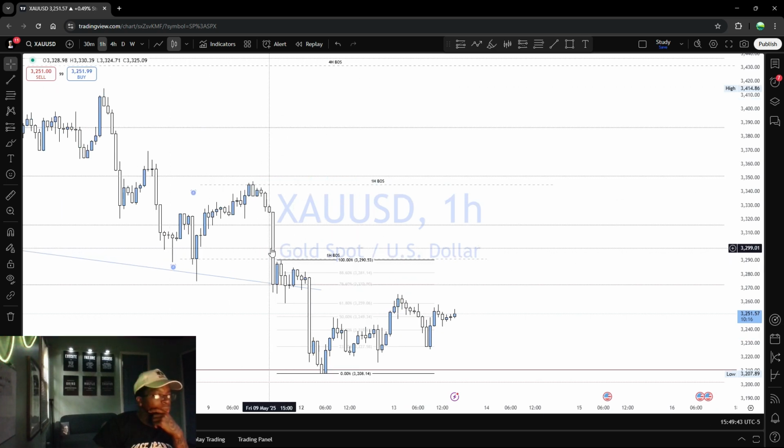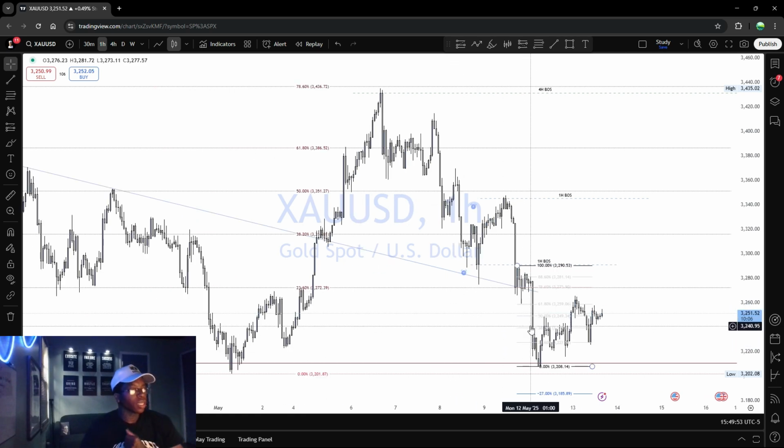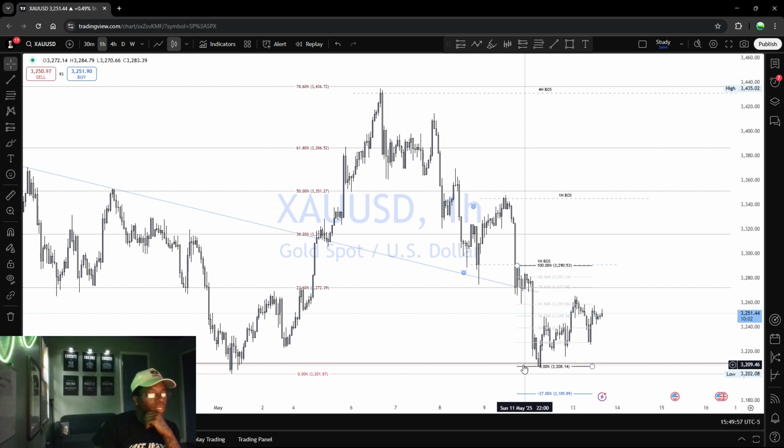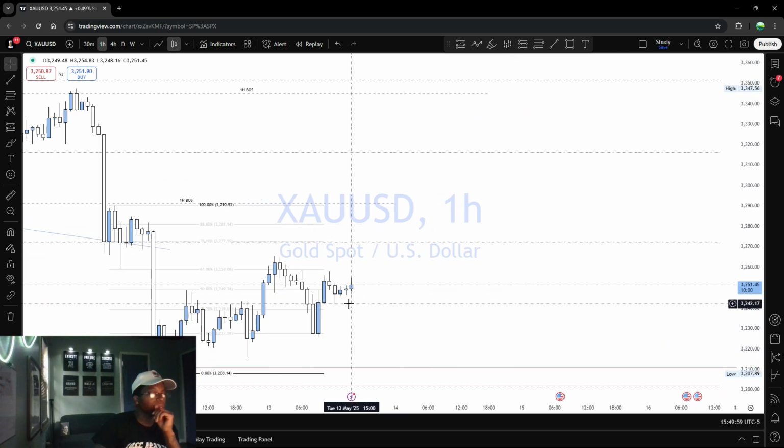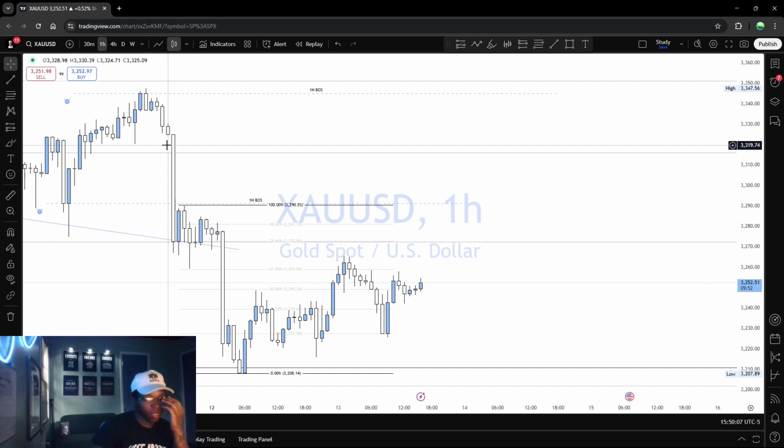Break, market open, came back, retest. Yeah, I think it was it. And I'm taking this trade here. I didn't take it all the way down to this red point, but we did take this trade. Market open, same thing like the other one, SPX.